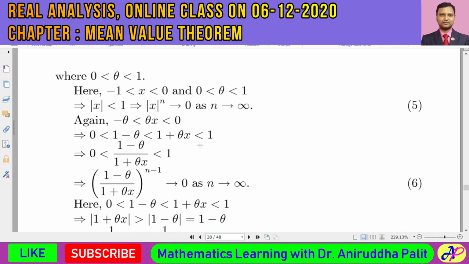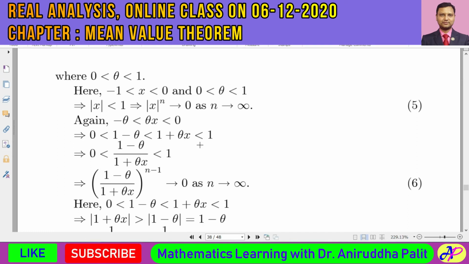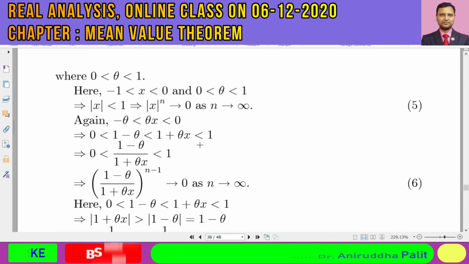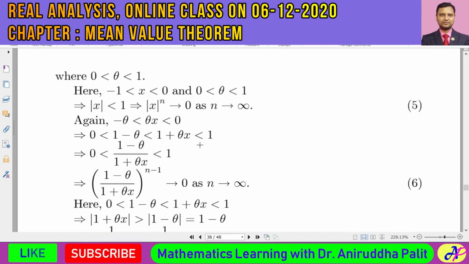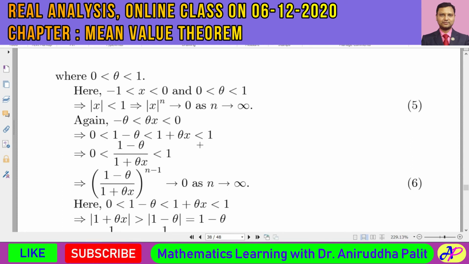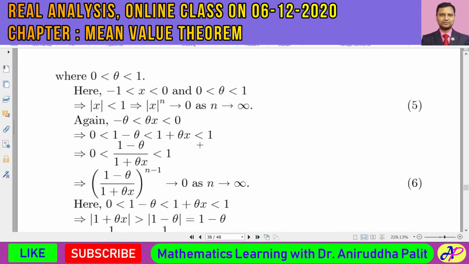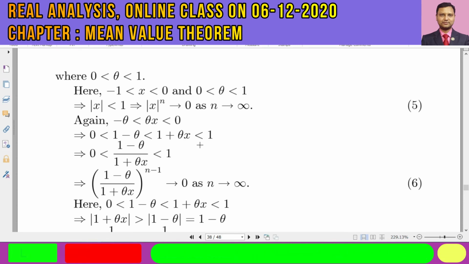And without practice, even if you tell me to appear for the examination, I might fail in passing the examination on these kinds of problems. So it is my advice to you all that you practice these few problems, because out of this infinite series part, only these 4 or 5 problems are there.